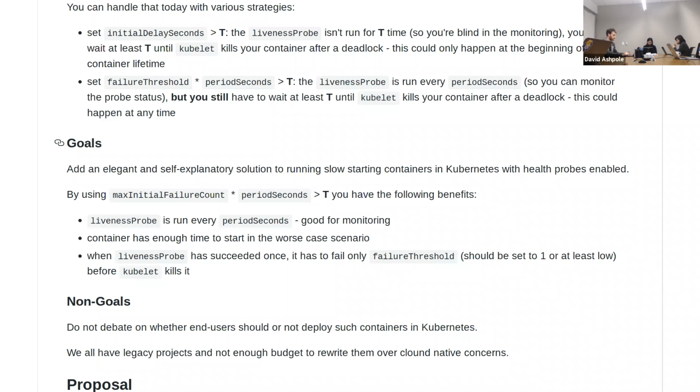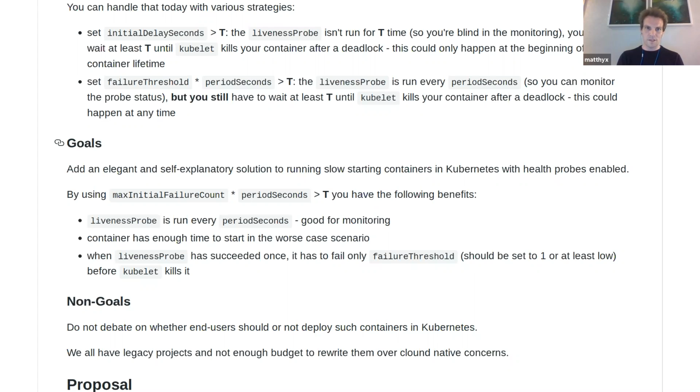How does what you introduce, the initial failure count, interact with the initial delay seconds? How do you plan to do that in your proposal? Sorry, I didn't look at the detail of your proposal. Yeah.